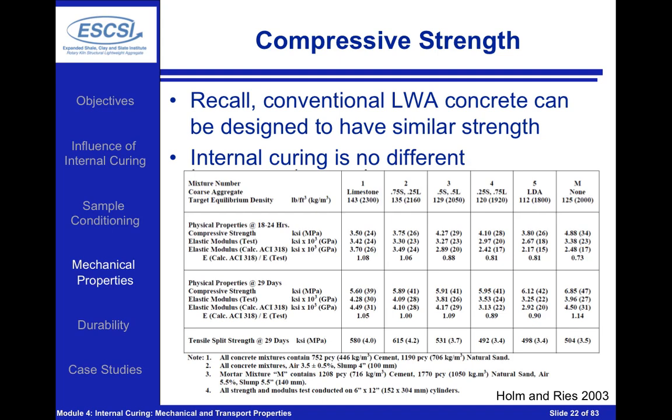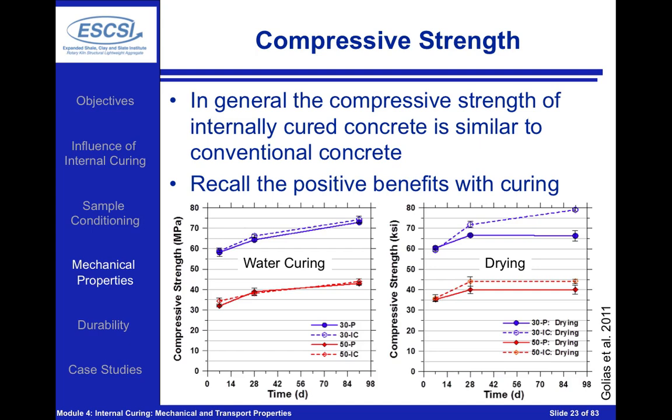So lightweight aggregate concretes can be designed to have very similar strengths to normal weight aggregate concretes. Internal curing is not any different at all from this, and in fact we typically see very similar strengths because we're only replacing a small portion of the sand inside of the system. So as I mentioned before, generally what we see is the compressive strength of internally cured concretes being very similar to conventional concretes, generally within a 10% reduction to a 10% benefit.